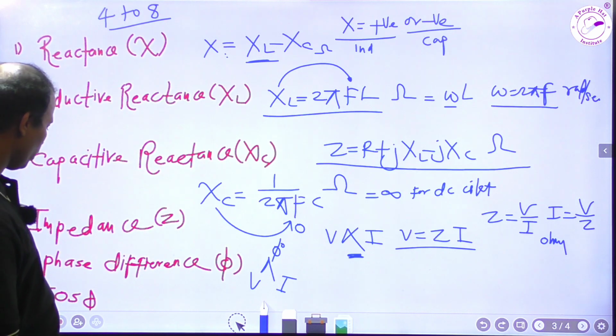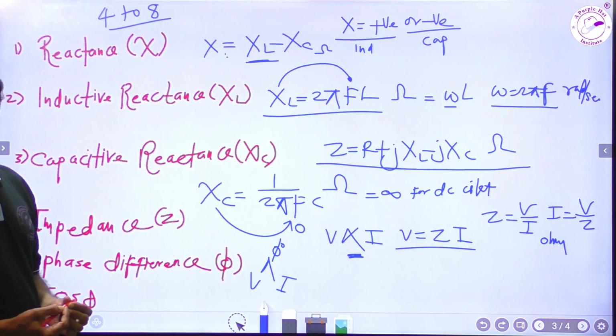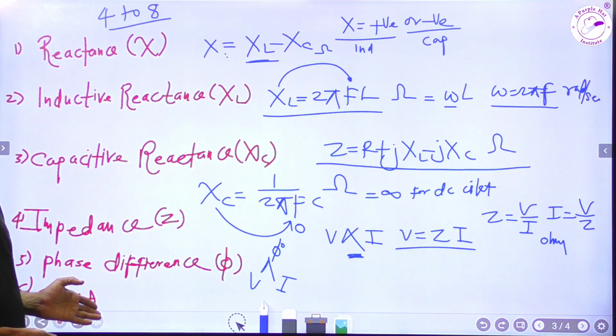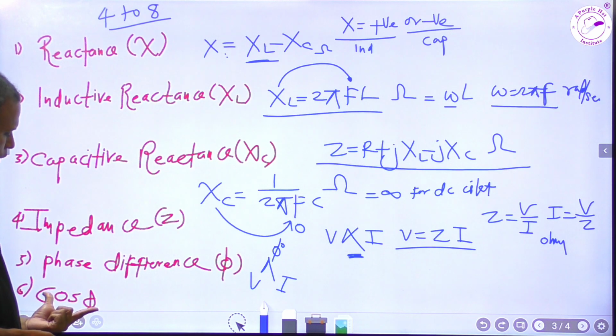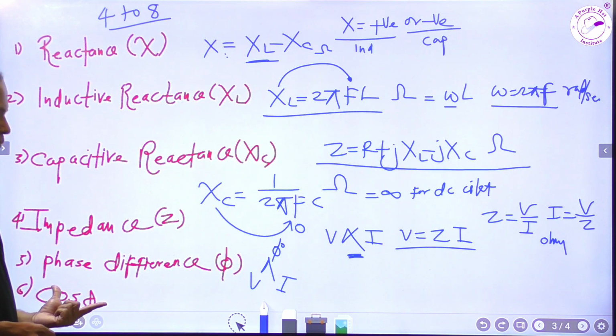Power factor is also important, cos phi. According to this power factor, the service agency charges the electricity tariff bill for many customers. This is very important. A lower power factor, a small value of power factor, means the current is very large and more power is utilized by the circuit. So this is very important, power factor. Okay.